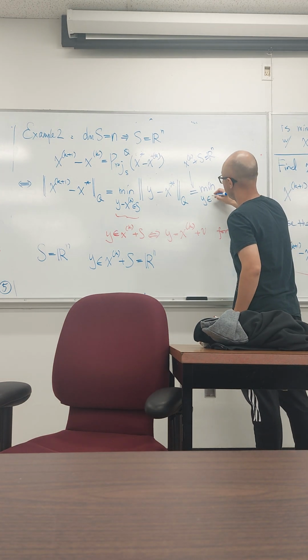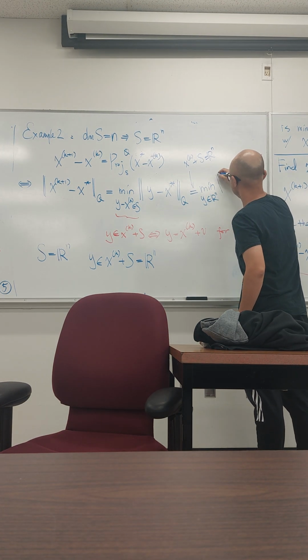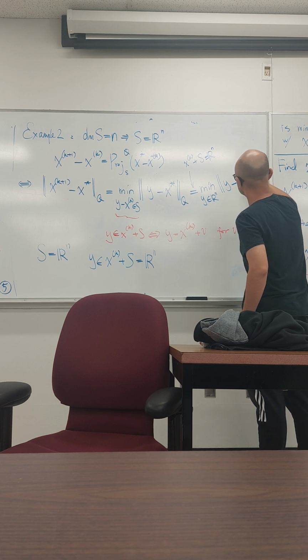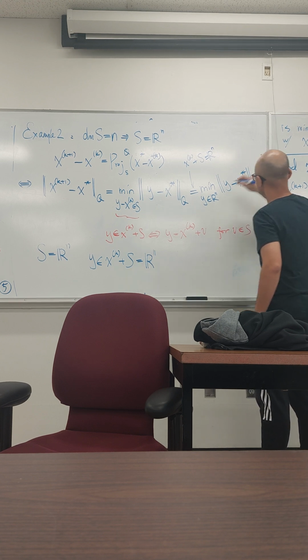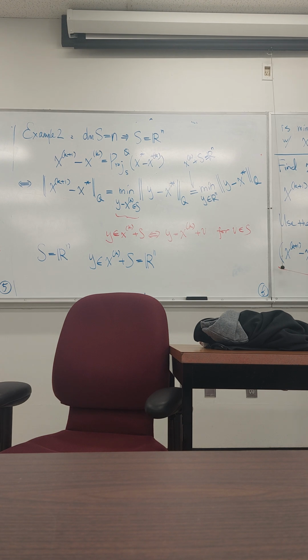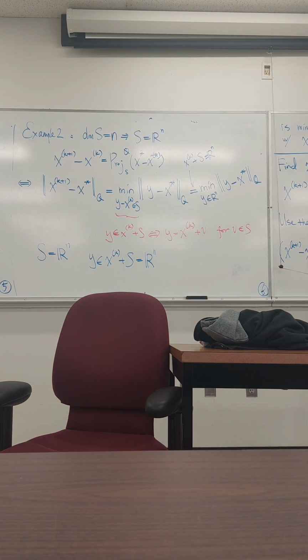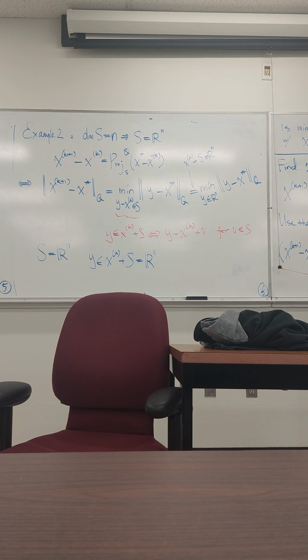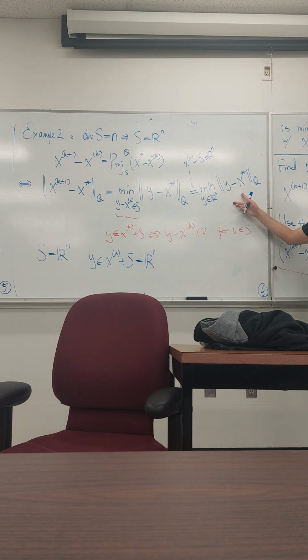So this is y in Rn such that y's distance to x star is minimized. But this is 0, because x star is an element in Rn. So when we find the minimum distance from a point of Rn to x star, of course, it's 0.